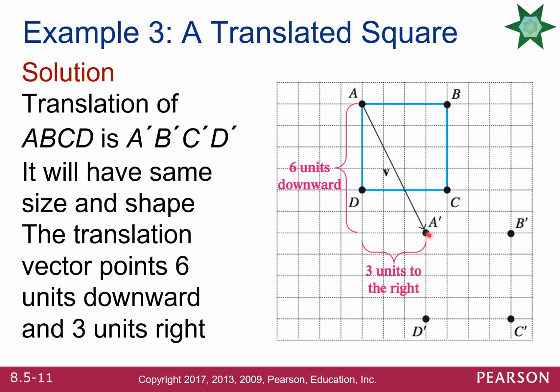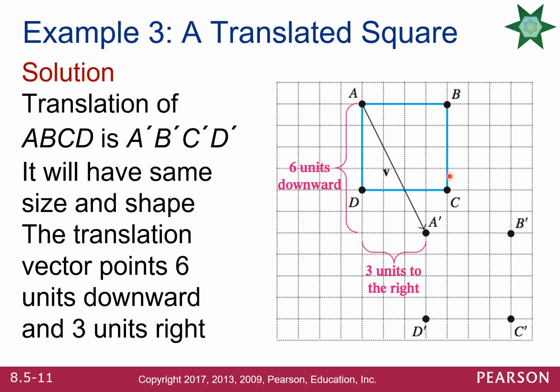So that's the new position of A, which is marked as A dash, and then all the other points are shifted correspondingly. So B was 1, 2, 3, 4 units to the right of A. It still remains 1, 2, 3, 4 units to the right.